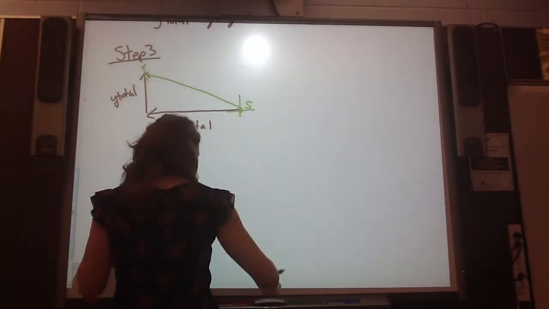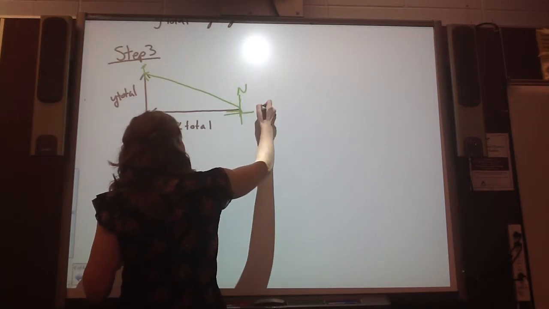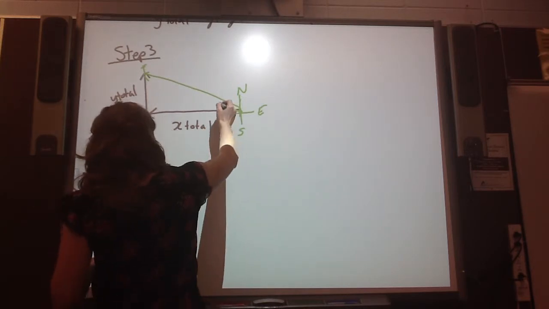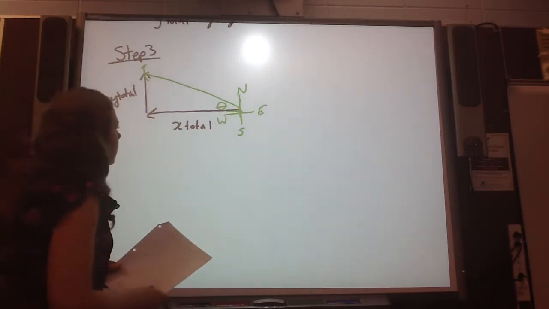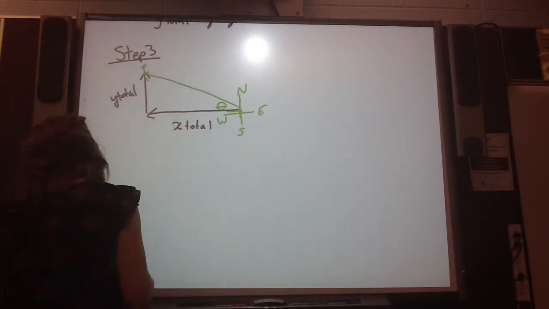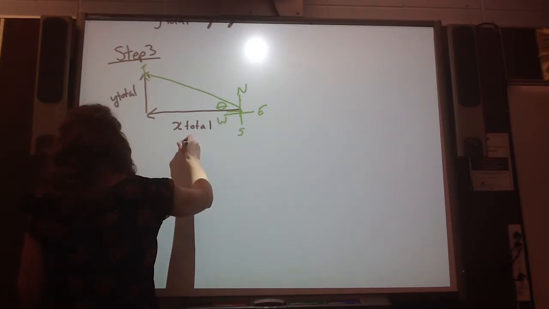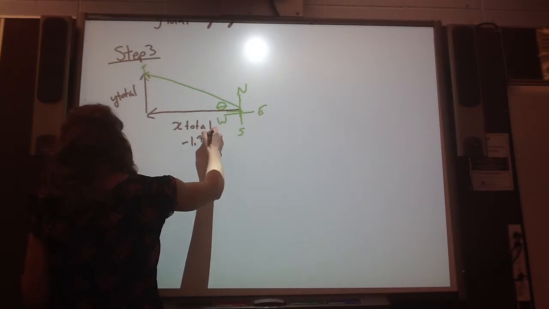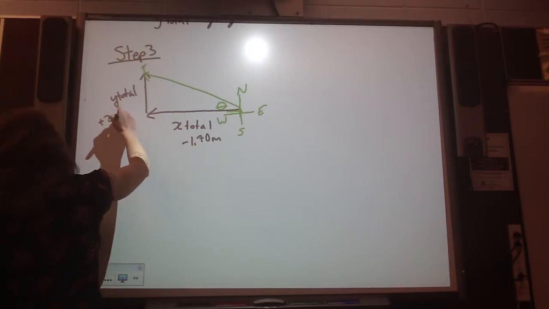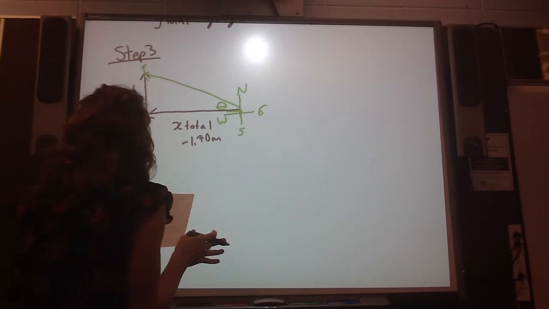So I might just erase this S for start so that we're not confused. So north, east, south, west. We don't know this theta right now. We do, however, know our x and our y. So our x total here, we can say that's our negative 1.7, and I'm just going to go to 3 sig digs for now. And our y is positive 2.89 meters. Okay, so this is what I know about what happened.